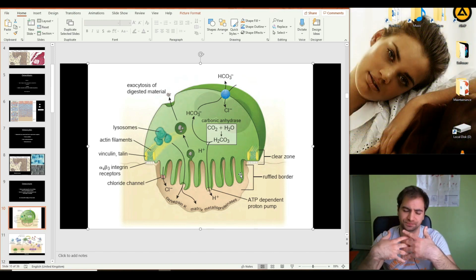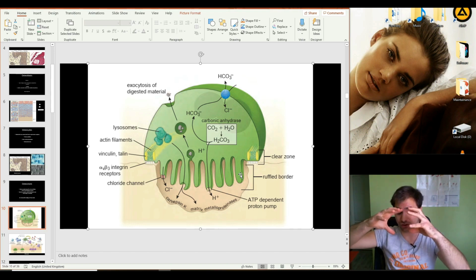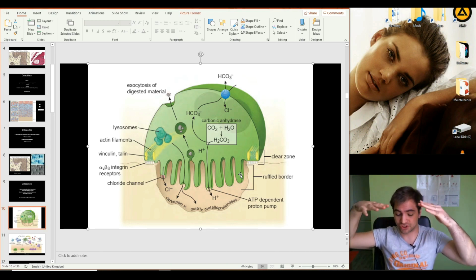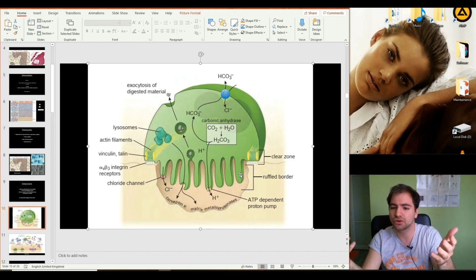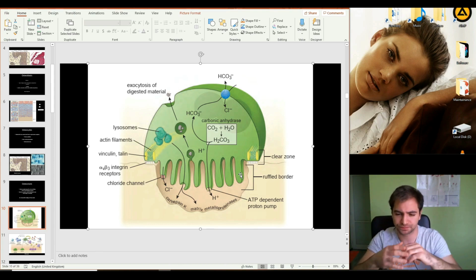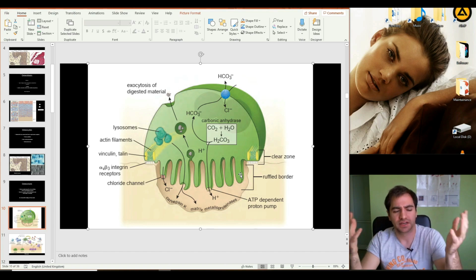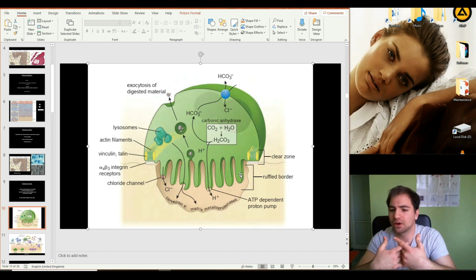So the osteoclasts project these cell processes on the bone, and as a consequence they have increased surface area that attaches on the bone. So the thing is, okay, they attached, they're stable, and within the hair-shaped lacunae, they're on the bone. What next? How do they destroy the bone?